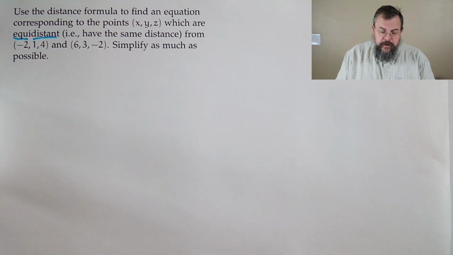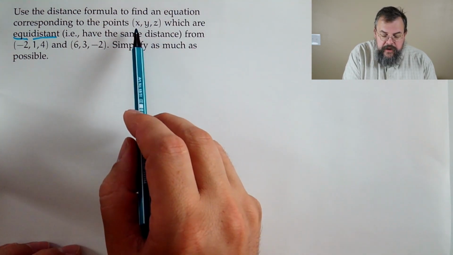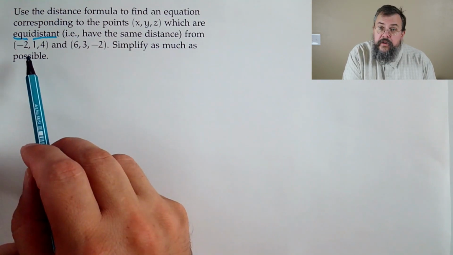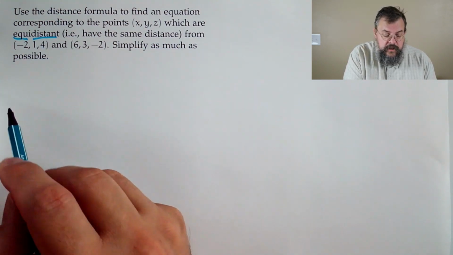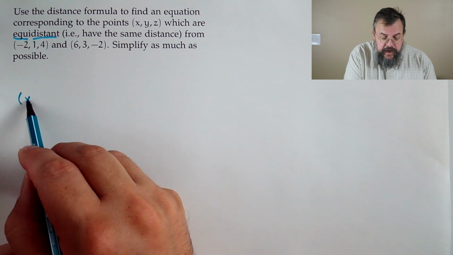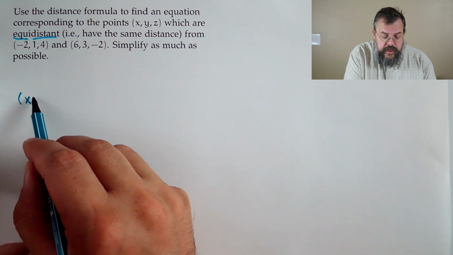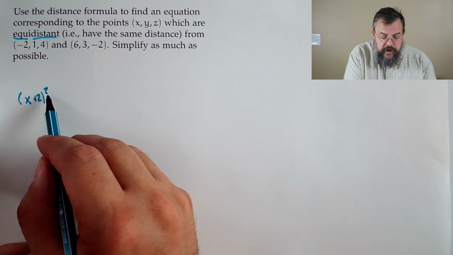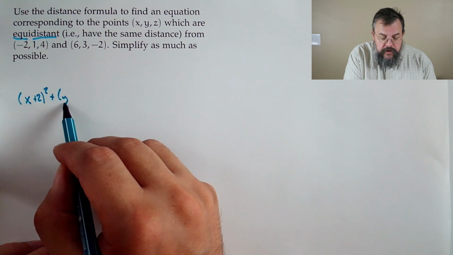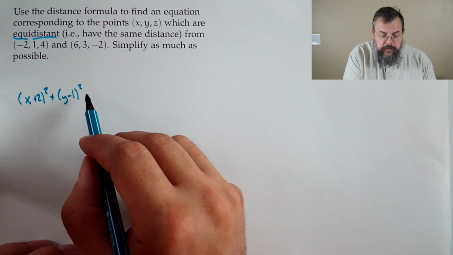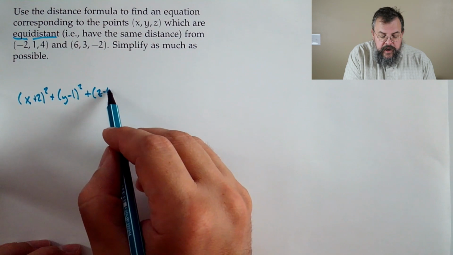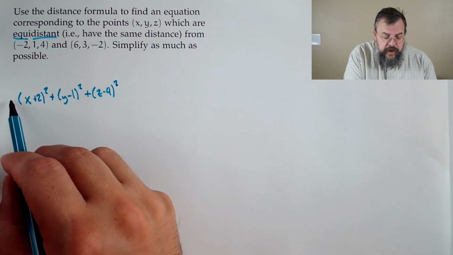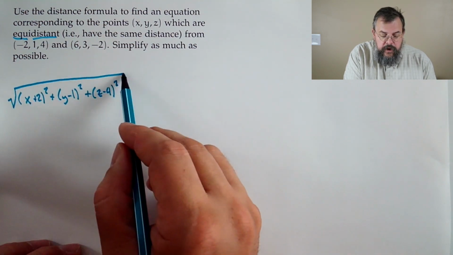So let's start by looking at the distance from x, y, z to -2, 1, 4. So that would be x subtract -2, which is x plus 2 squared, plus y subtract 1 squared, plus z subtract 4 squared, and then we would take the square root of that.